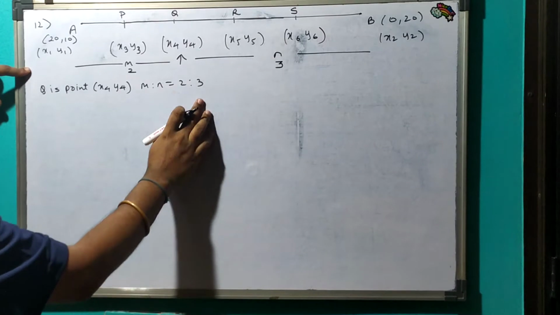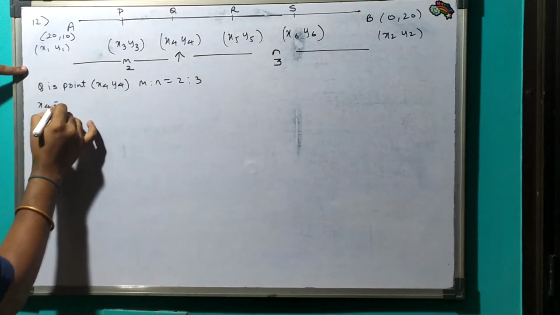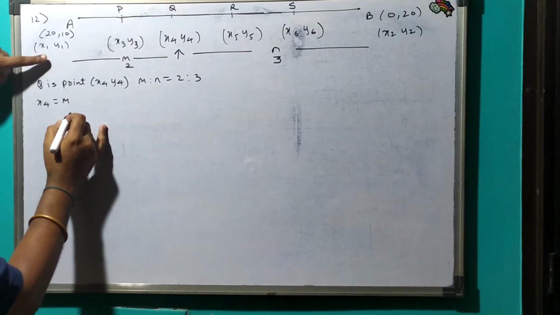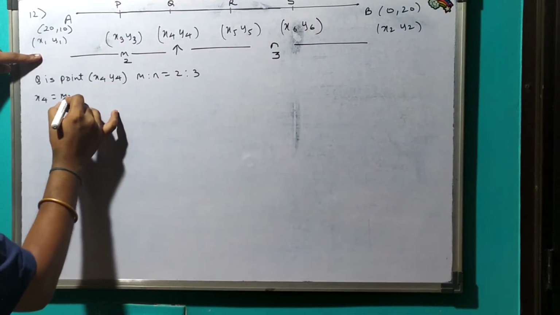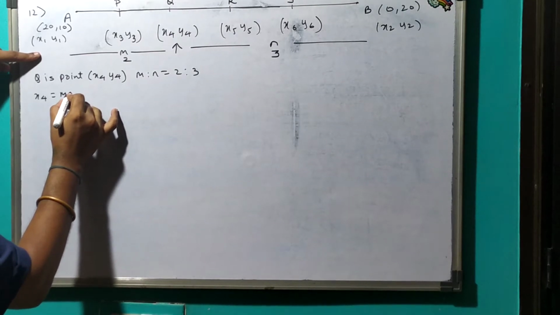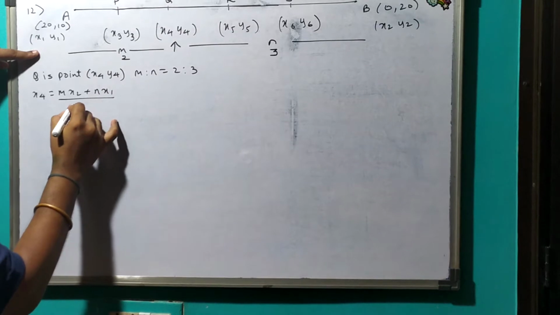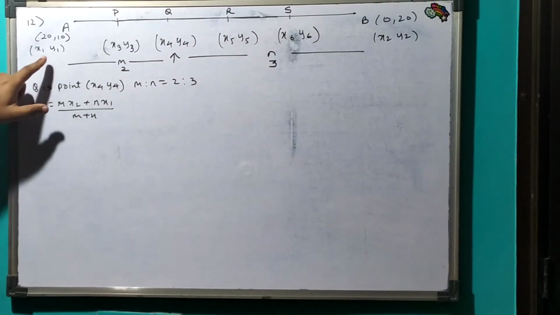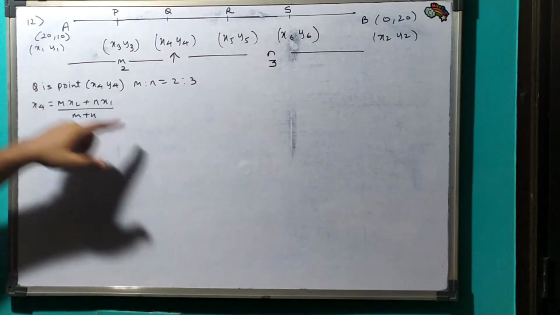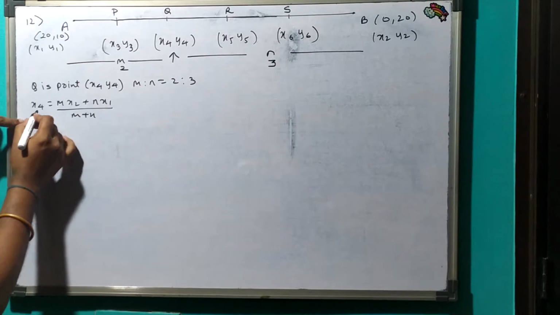So I will get the coordinates of Q, that is x4 is M x2 plus N x1 upon M plus N. Since we are familiar with this formula, I have taken x1 and y1 at first and x2 and y2 at last, so it will be easier for us to find.